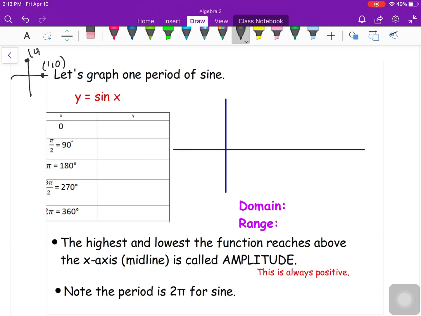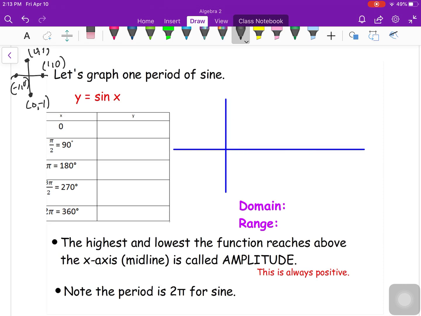If I'm here at 180 degrees, that is the point -1, 0. If I am here at 270, that is the point 0, -1.